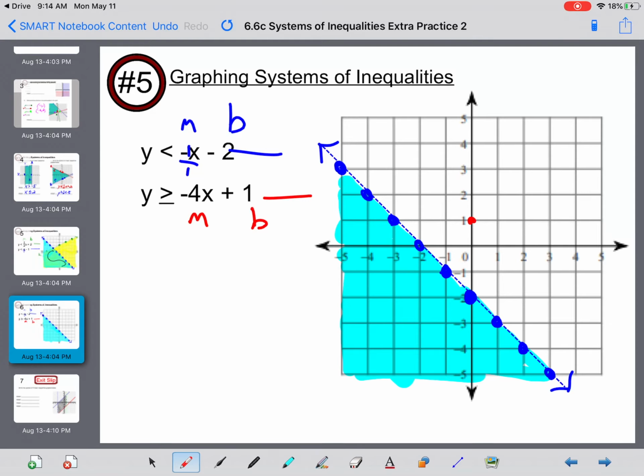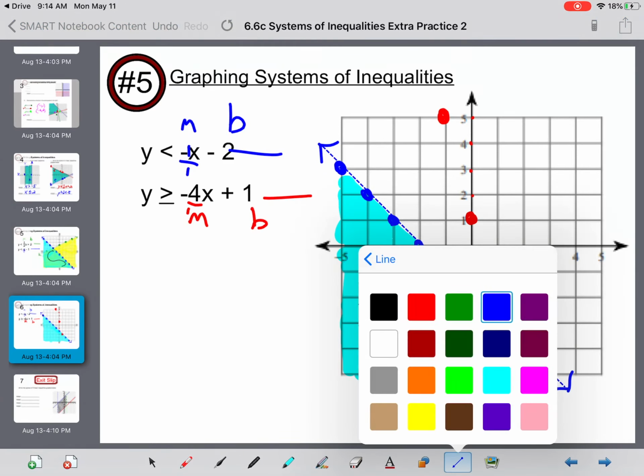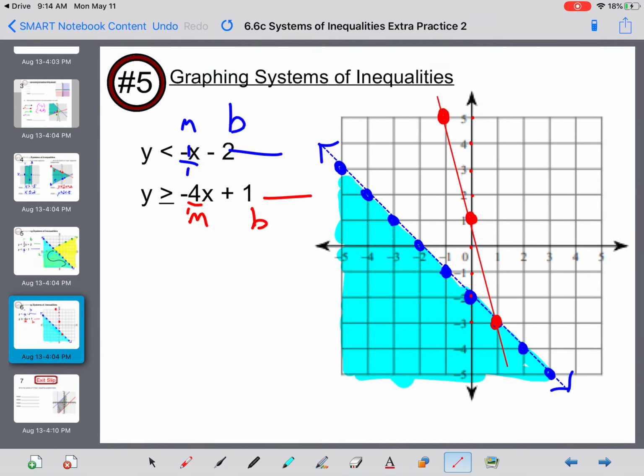Okay. Your red inequality has an m and a b. The b value tells you to start at positive 1. And your slope is negative 4 over 1. So down 4: 1, 2, 3, 4, over 1. So you should only fit 3 points here. Greater than or equal to means a solid line.